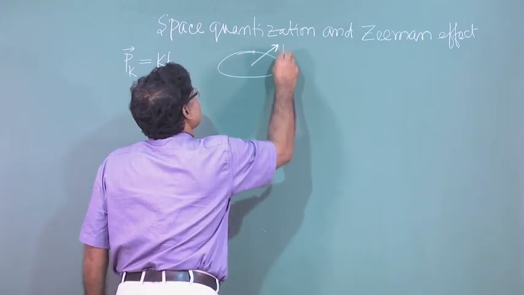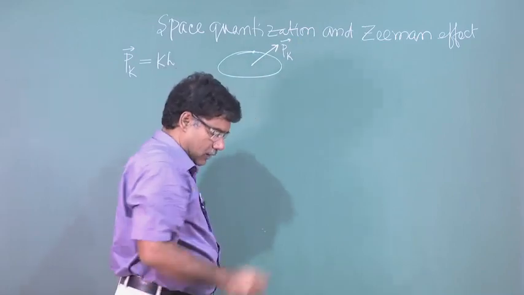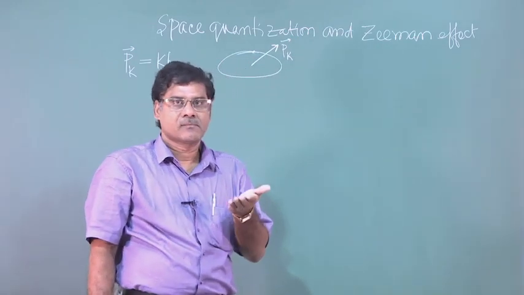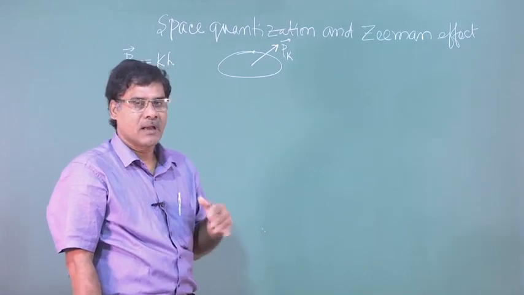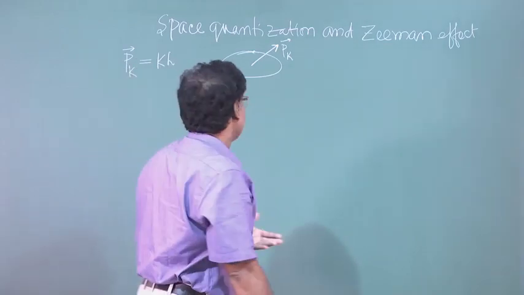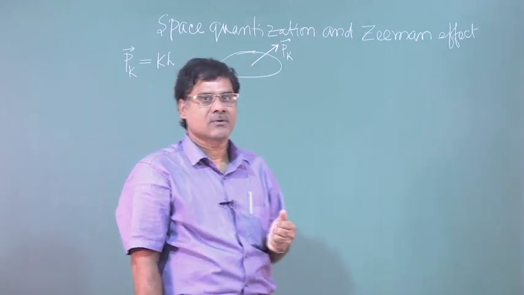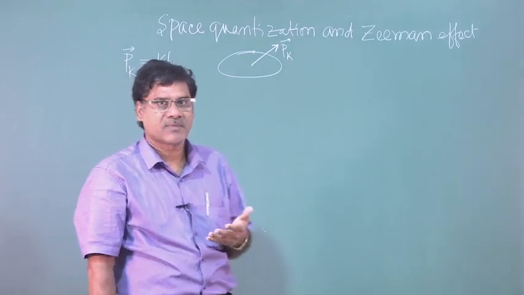So, this is basically the Pk direction. Now this plane itself can orient in any direction in space. But that is restricted. Here also it is quantized: the direction of Pk is quantized with respect to a fixed direction in space.